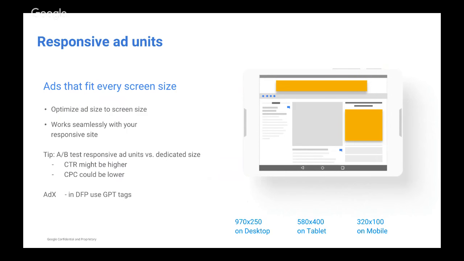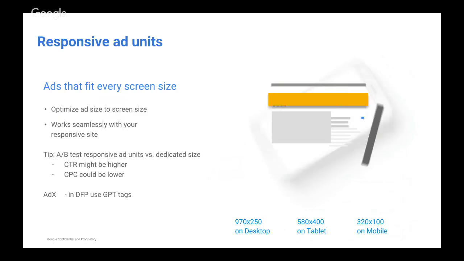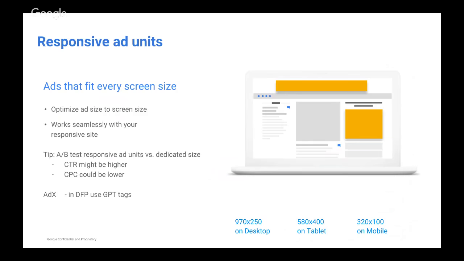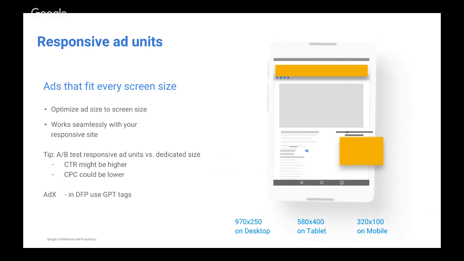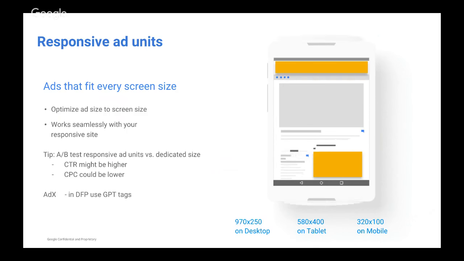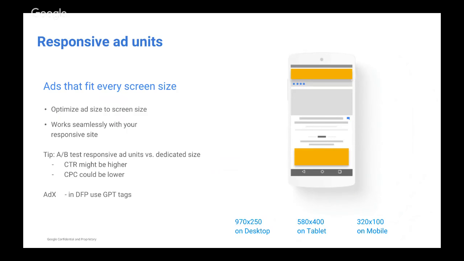And then responsive ad units. So this is a very interesting topic because I get the question sometimes, should we use the dedicated ad sizes or should we use the responsive ad units? Our website is responsive. It has a different layout on mobile than on desktop. Absolutely fine.